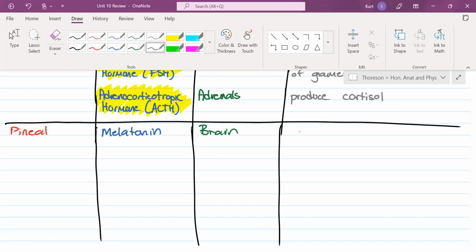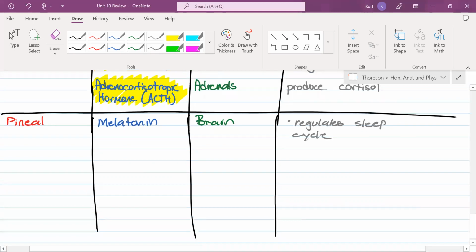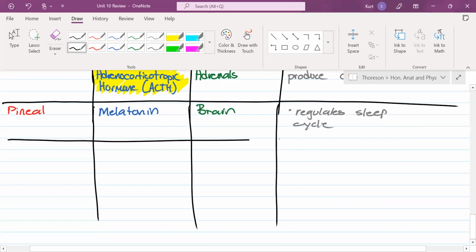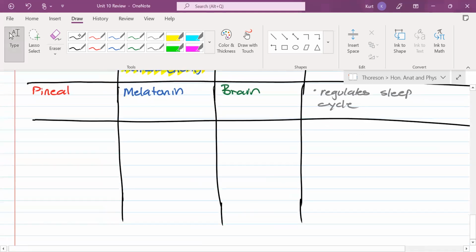And what does it do? It regulates your sleep cycles. We talked about if you're staring at your bright phone screen in the middle of the night, your brain thinks that's daylight and you're going to have trouble getting to sleep. So put your dimmer on, lower the brightness, and put on the night shift 24/7 so you don't get that blue light killing your eyes.